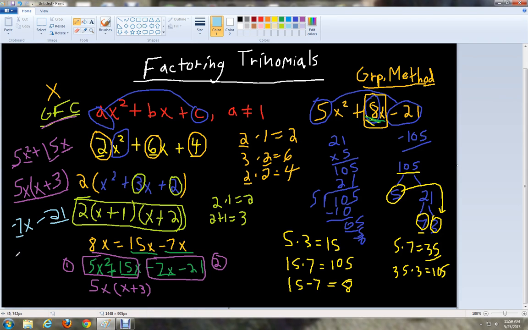Negative 7, right? And so the only thing that's missing here for negative 7x is the x. And then negative 7 times what is negative 21? Well, negative 7 times 3 is negative 21, so it'll be plus 3. So that would be my other part, is minus 7 times x plus 3.